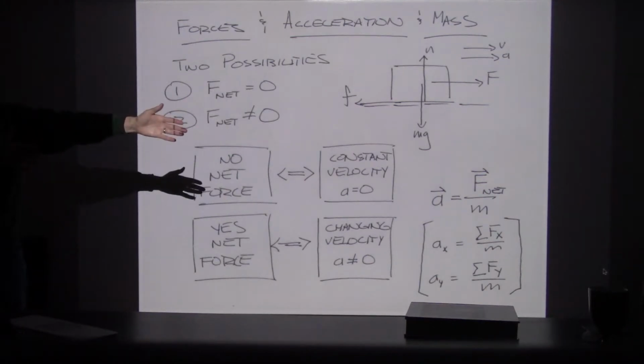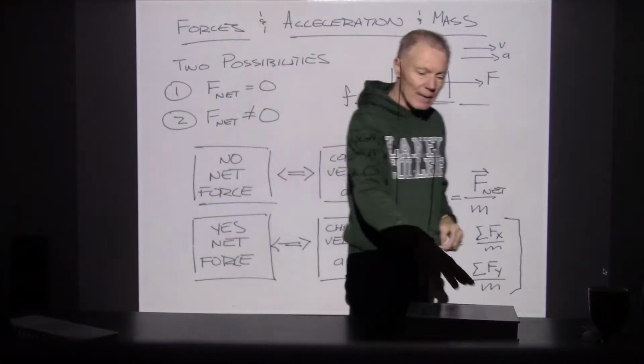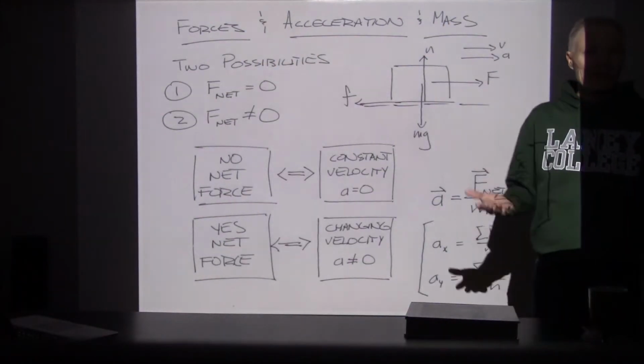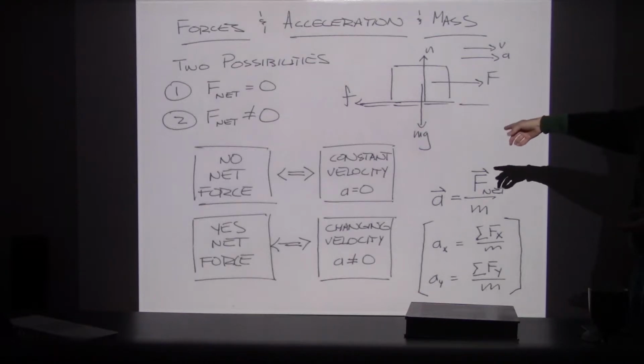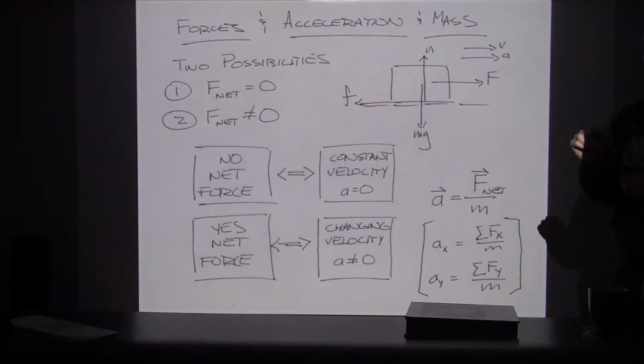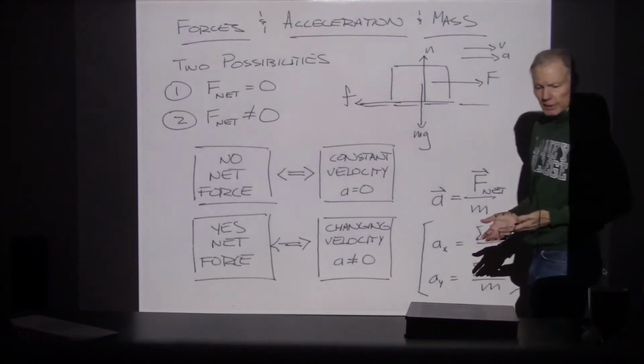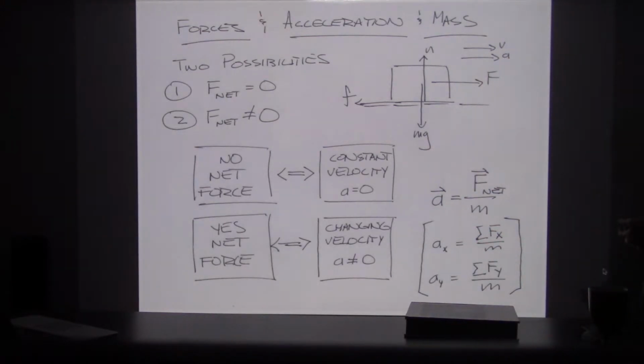It's got to be a straight line. Okay. Now we also pointed out that at rest is a subcategory of constant velocity. If something's at rest, and continuing to stay at rest, then that velocity is remaining constantly 0.